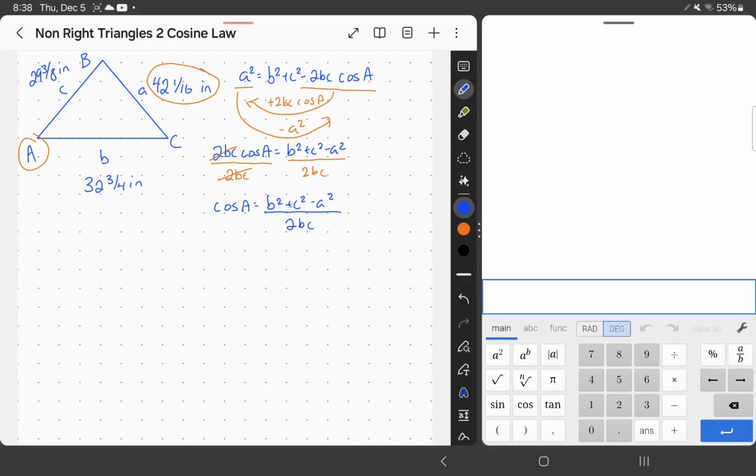Okay, let's start by solving for angle A. So subbing in, we're going to get that cosine of A is equal to B squared, which was 42 and 1/16 of an inch. So we do need to put that in as a decimal. 42 plus 1/16. Let's put that into the calculator.